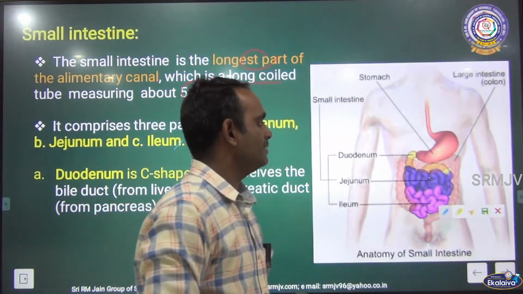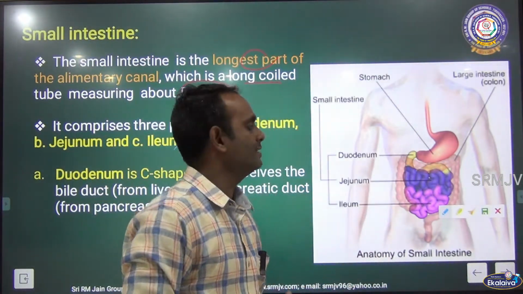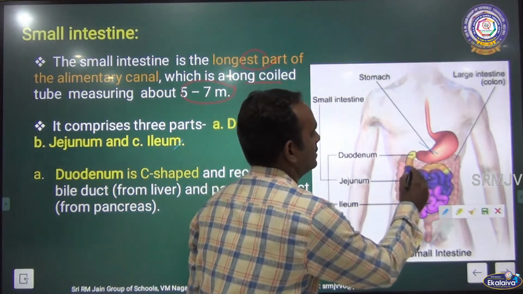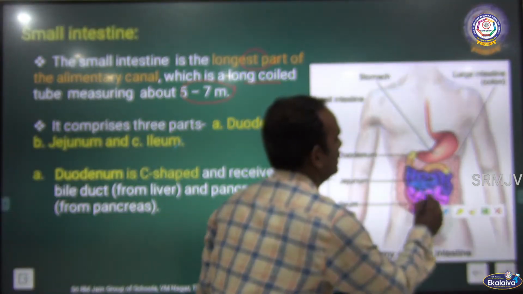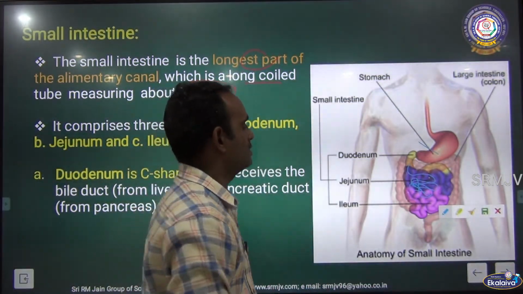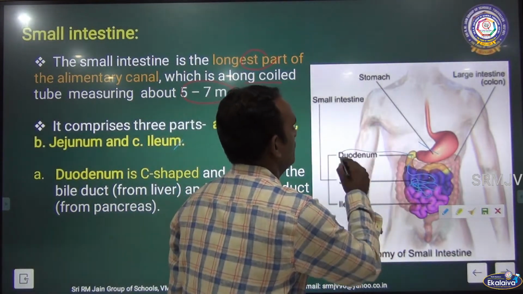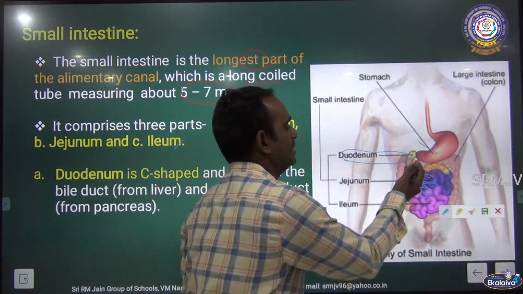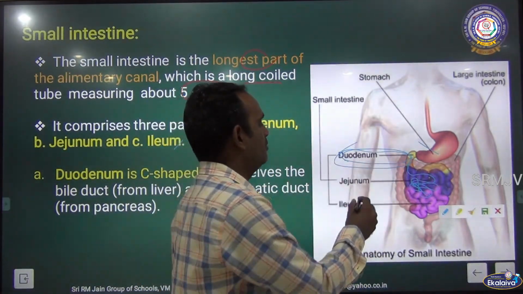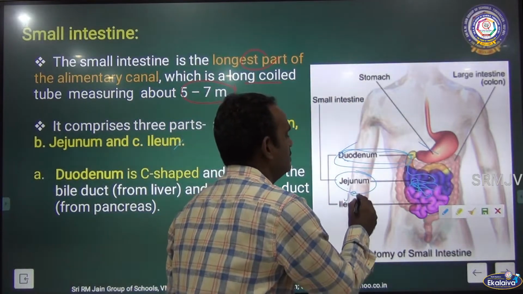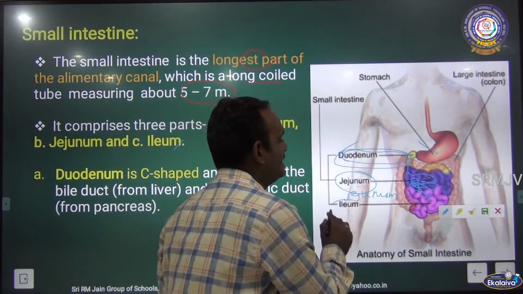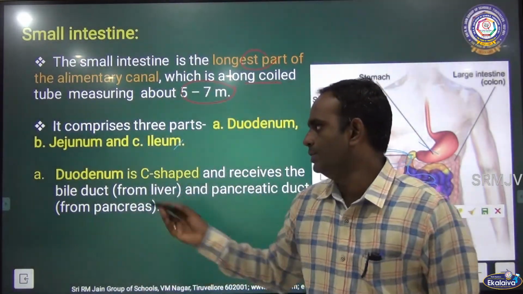See the picture here, children. Are you able to see the small intestine here? This is the stomach, you know very well, and this part is said to be the small intestine. The small intestine comprises 3 major parts. One is the duodenum, the first part, just below the stomach, followed by the jejunum, and the third one is the ileum.